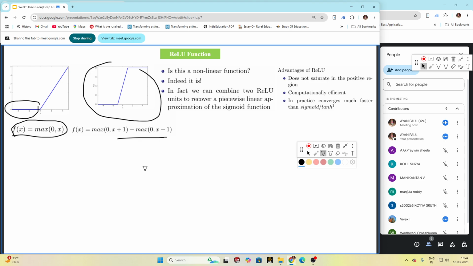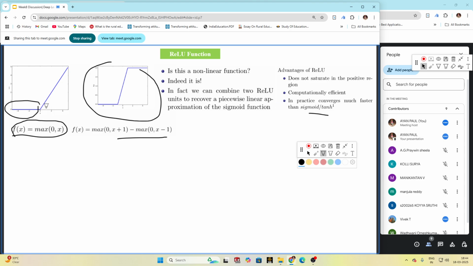Second, it is computationally efficient, because we are not doing any exponential term. And third, in practice it converges much faster than our sigmoid and tanh function, because it does not have the problem of zero centering and other things. It is less computationally expensive, so that is why it converges faster.